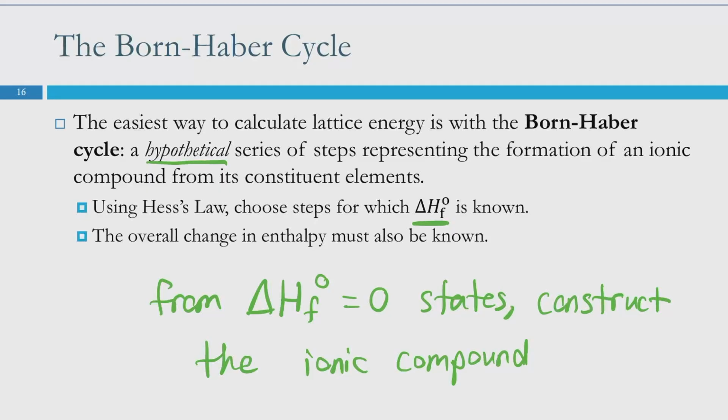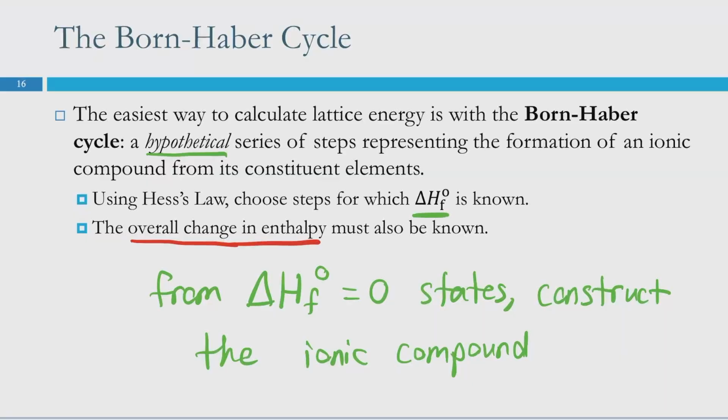We also need to know the overall change in enthalpy. So what we're looking for with this is the lattice energy. We're looking for that extra stability because of the crystalline lattice, because of the positive and negative charges just being so comfy and cozy next to each other.